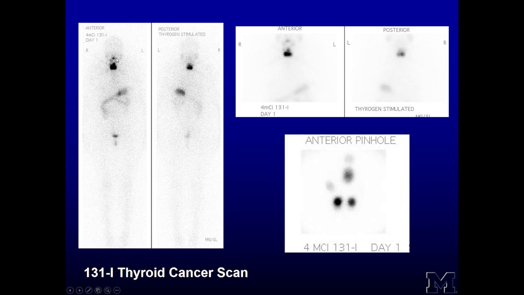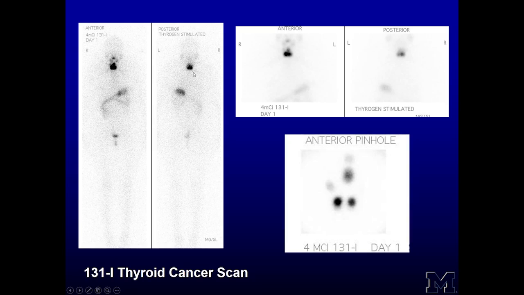We have uptake in the salivary glands and mouth due to salivary excretion of iodine-131. We have significant uptake in the central neck at the site of the thyroidectomy bed, and then physiologic radiotracer distribution throughout the bladder with activity present in the stomach, bowel, bladder, consistent with urinary excretion of radioisotope.